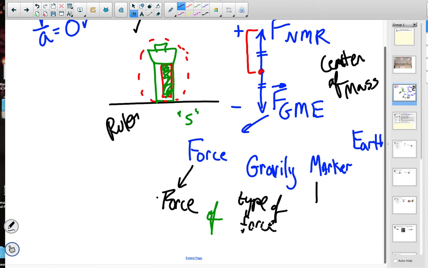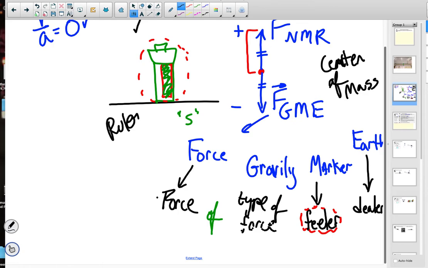The marker is the victim or the feeler of the force, and in this case happens to also be the system. So that third symbol will always represent what is represented by the system. And the last thing is the dealer of the force. In this case, the Earth is pulling on the marker.